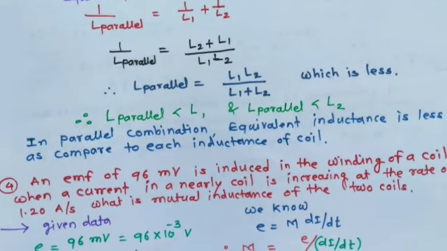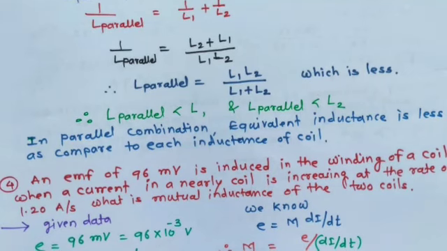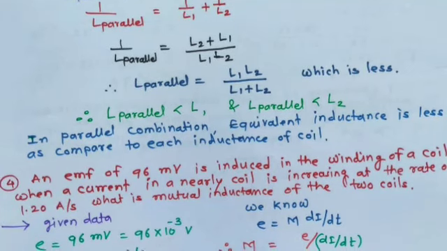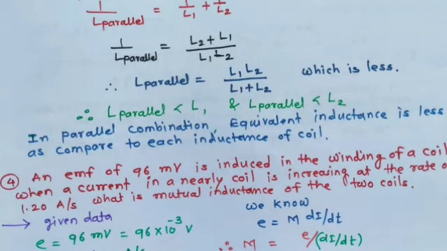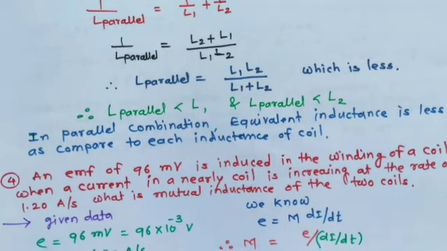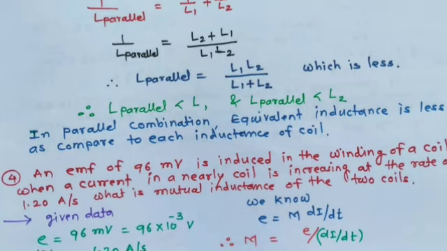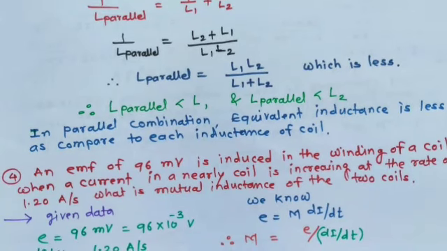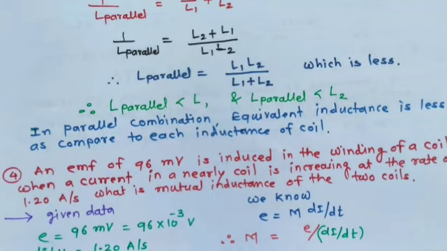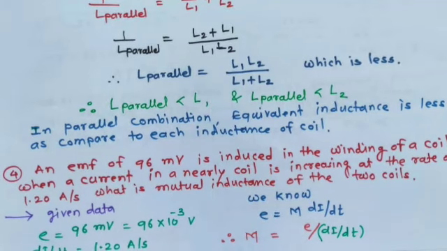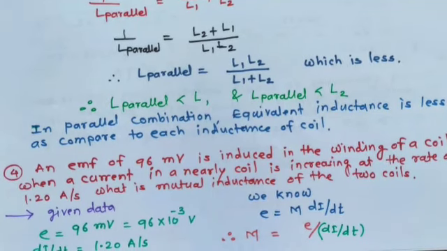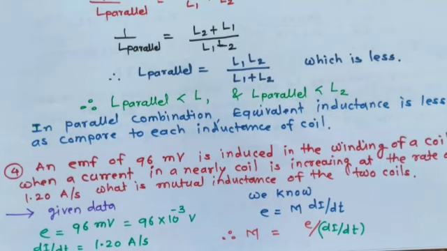Question number 4. An EMF of 96 millivolt is induced in the winding of a coil when the current in a nearby coil is increasing at the rate of 1.20 ampere per second. What is the mutual inductance of the two coils?